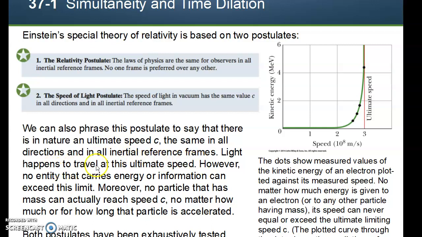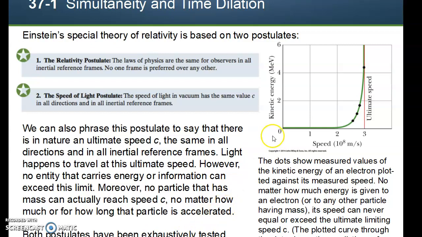Light happens to travel at this ultimate speed. However, no entity that carries energy or information can exceed that limit. Moreover, no particle that has mass can actually reach speed c, no matter how much or for how long that particle is accelerated. Both postulates have been exhaustively tested and no exceptions have been found.